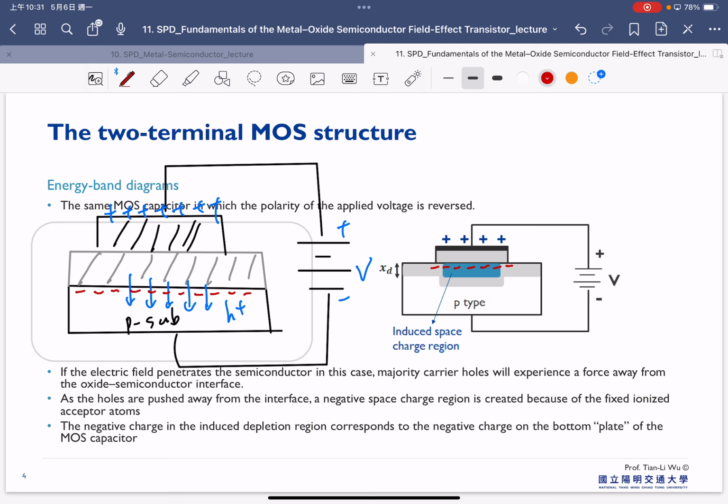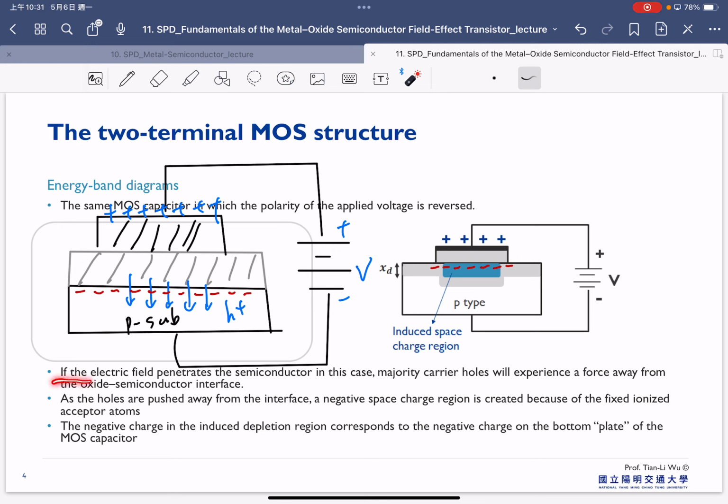Another is that with the positive gate bias, negative charge will be attracted here, so you can expect some negative charge at the interface as well. These things are pretty consistent.